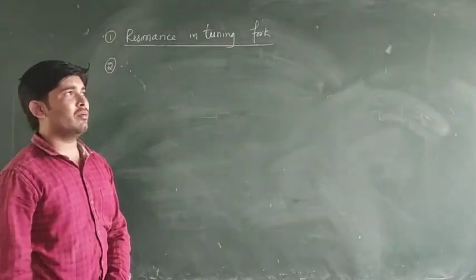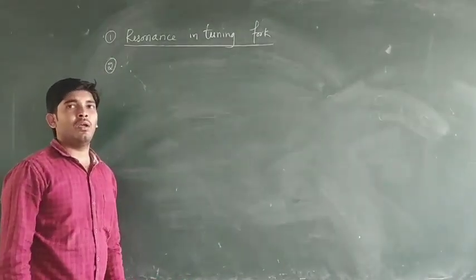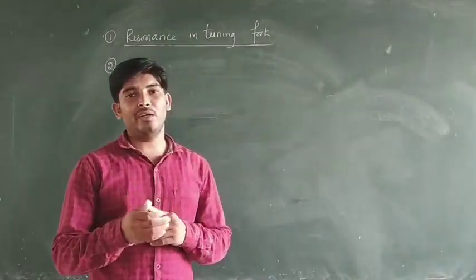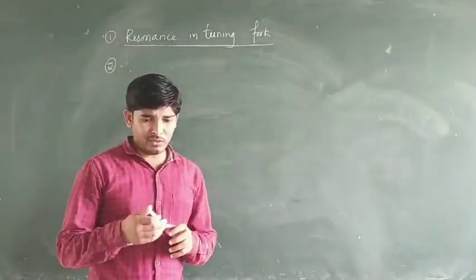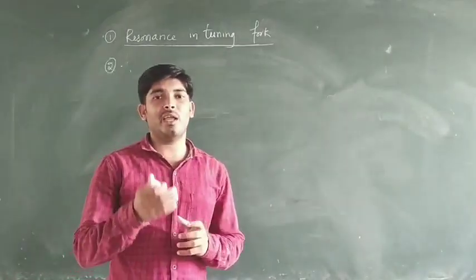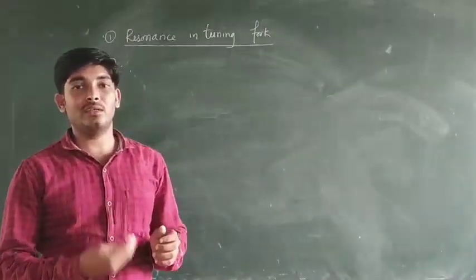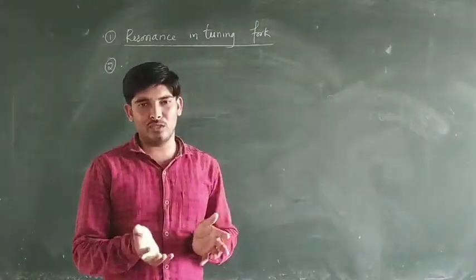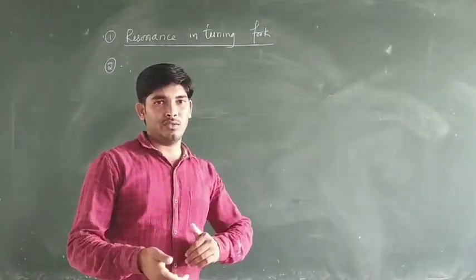And the second example is the sound boxes in stringed instruments. You know that stringed instruments are provided with different strings of different thickness, and they also have an empty, hollow space which contains air. Whenever any string of that instrument is disturbed, the frequency of the air column present in that hollow space becomes exactly equal to the frequency of that string.